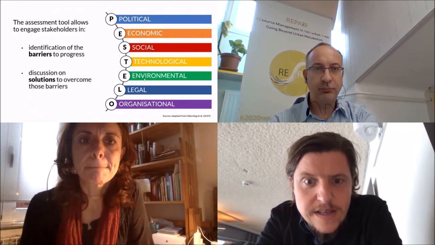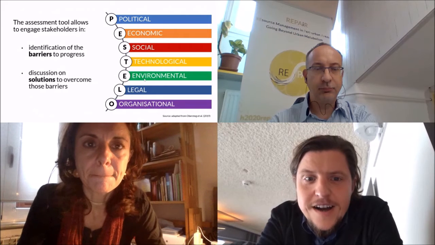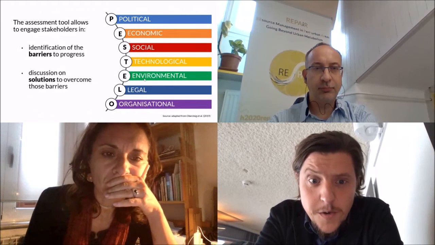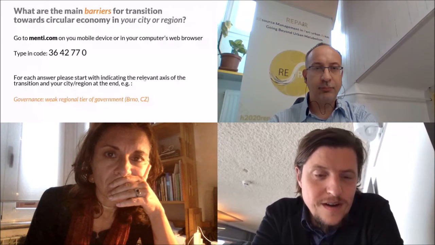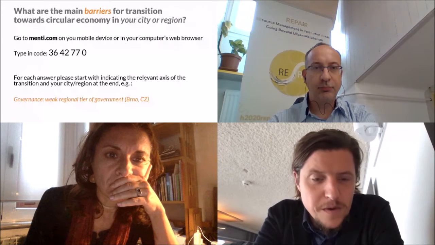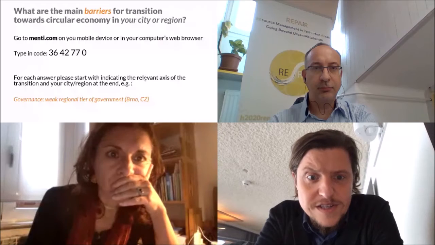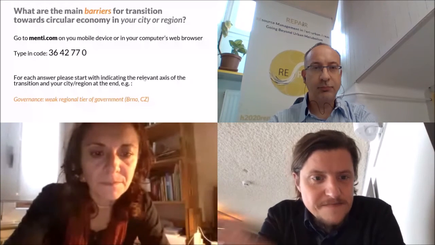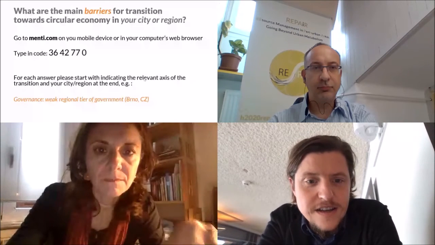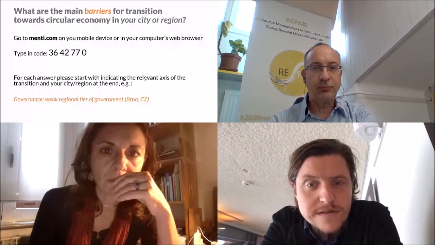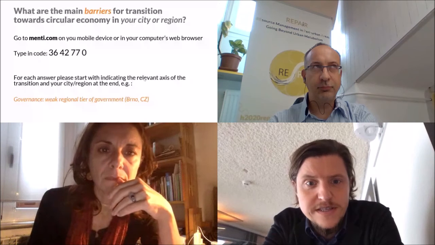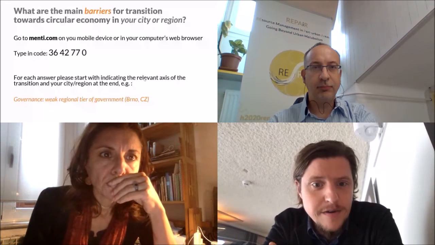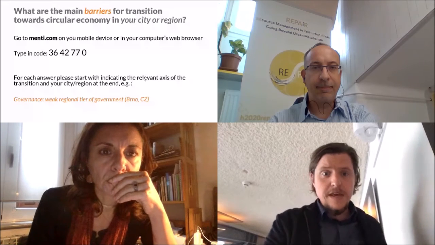You can see the address indicated there on the slide, and type in this code 3642770, and that will take you to a poll where you can give us some answers to that question. We would like you to please give us an answer, but mentioning in the beginning which axis of the transition the barrier refers to. So you can see the example here.